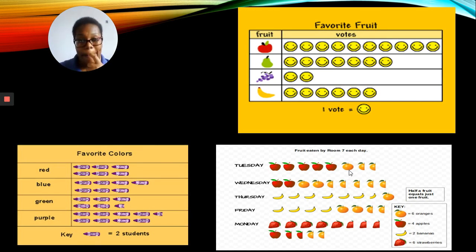So we have to look at different types of pictographs. Here are some. Why do you think we call these pictographs? Are there pictures in the graph?